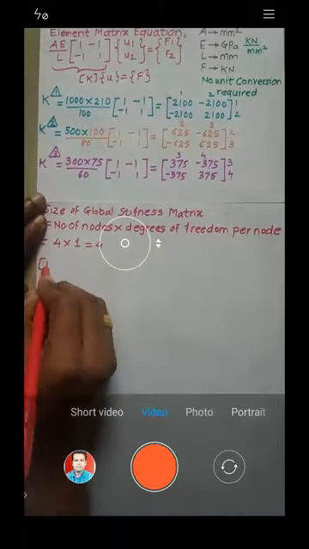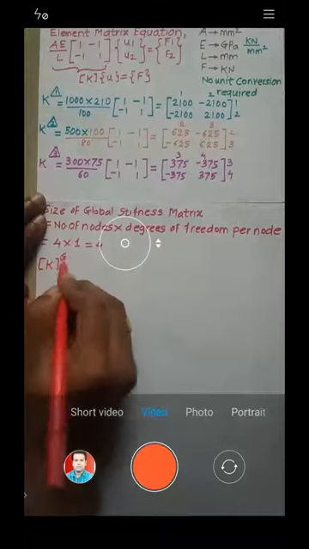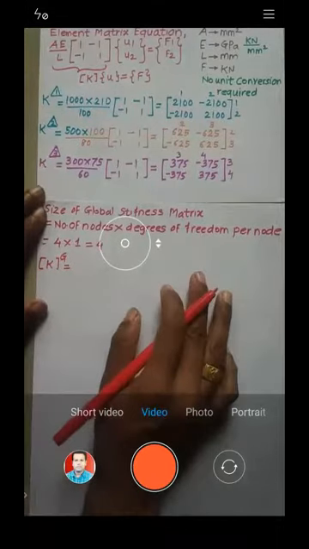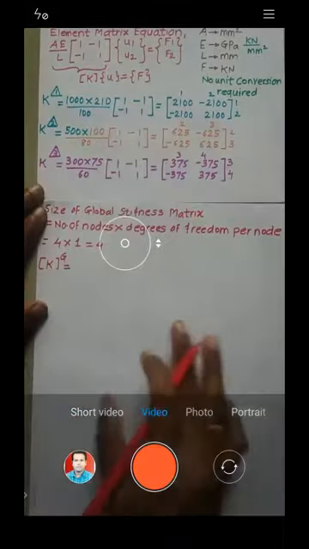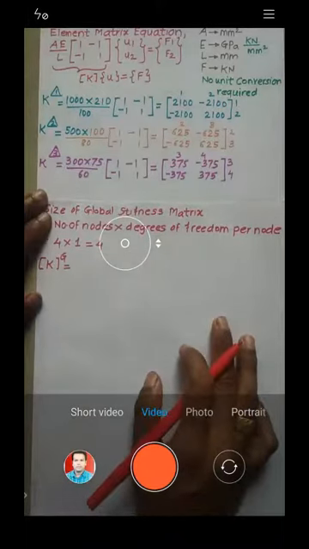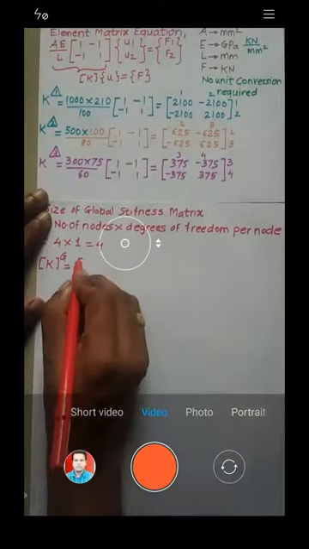So let's now combine these element stiffness matrices so as to get the global stiffness matrix.